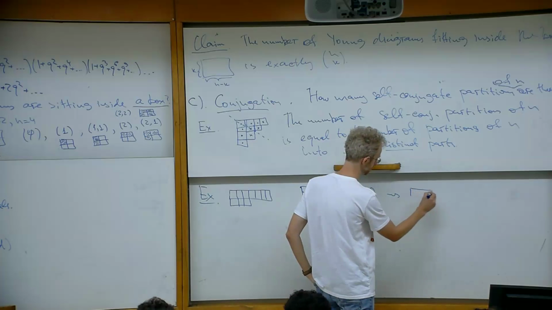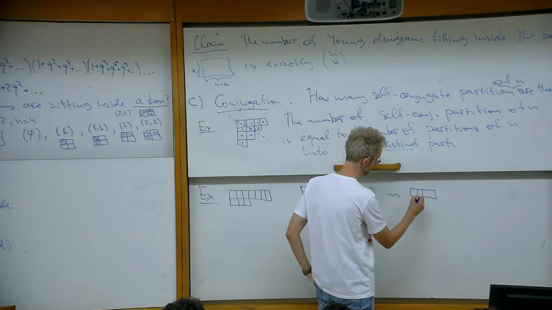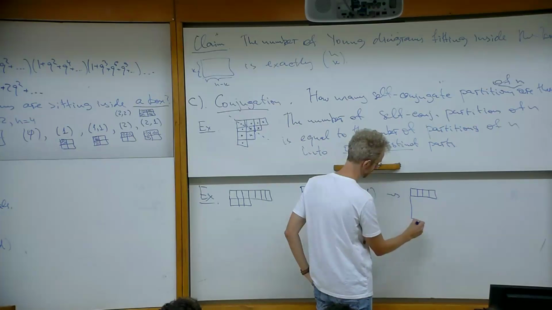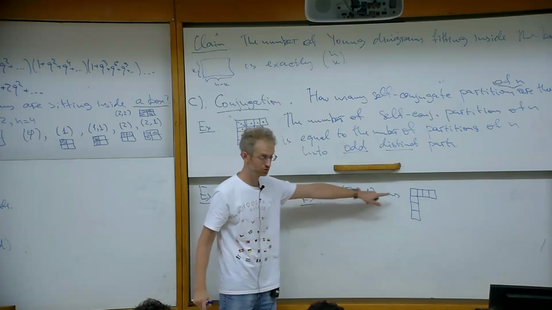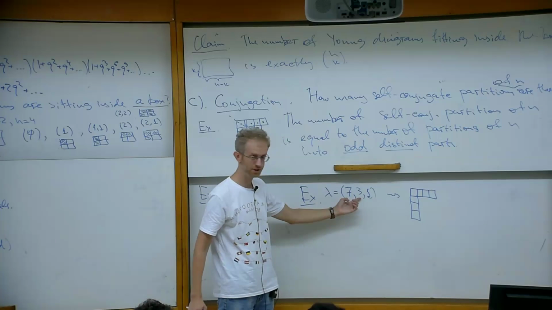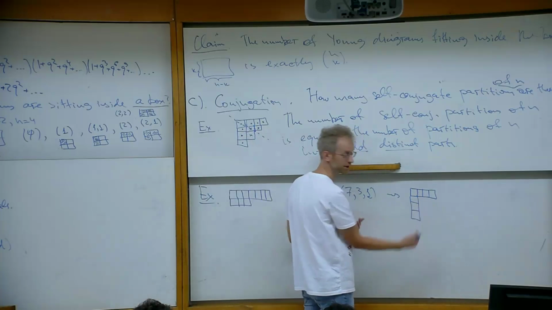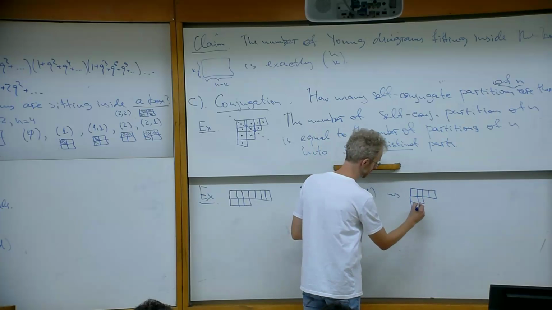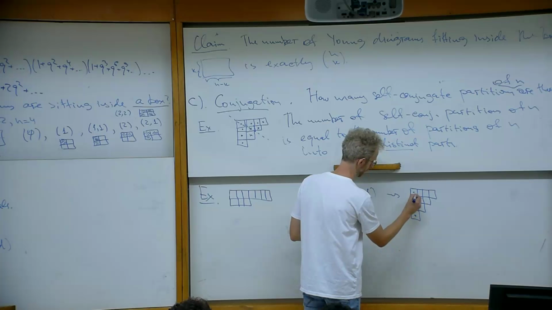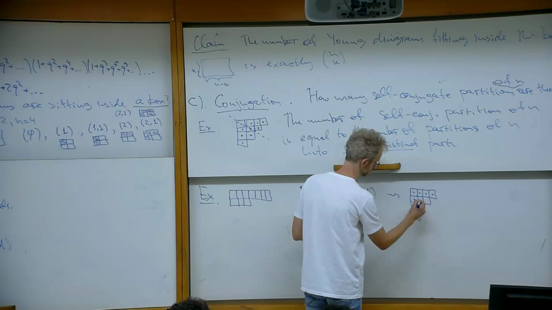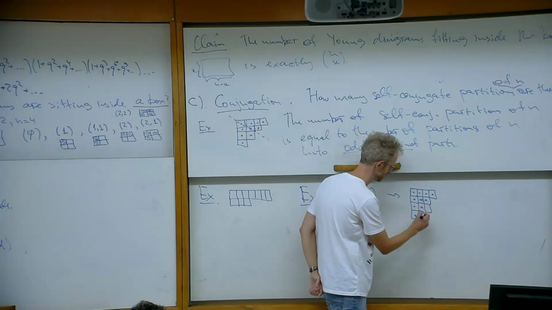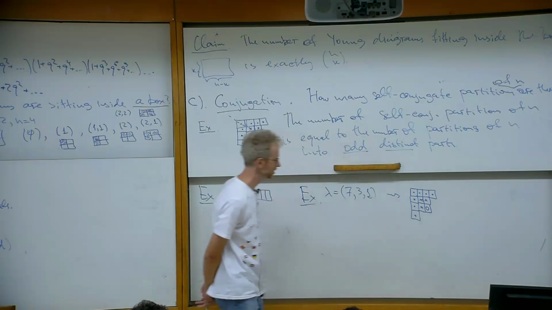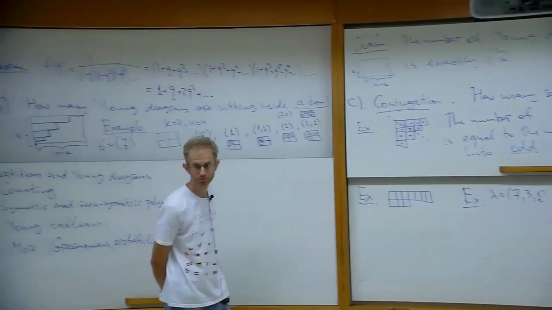So we have to put 4 upstairs, and then 4 to the very left. So this 7 is now taken care of. Now we have this 3, and we have to put it here inside. So we have this 3 here. And there's the remaining 1, which is in here. And so you see that we're getting the self-conjugate partition.